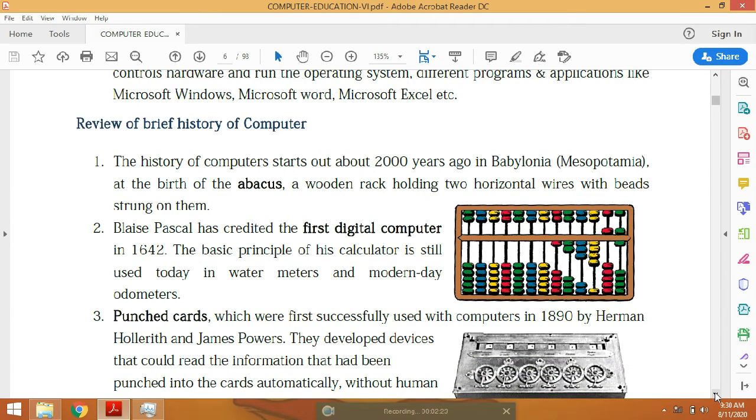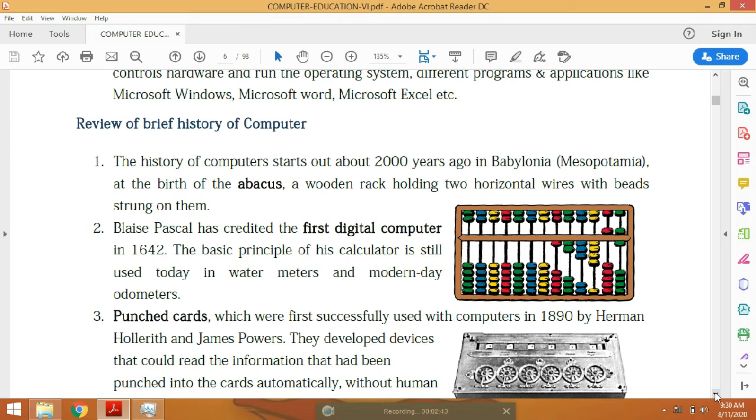Now, after that, Blaise Pascal created the first digital computer in 1642. The basic principle of this calculator is still used in water meters and modern-day odometers. Odometers are the meters that are used to measure distance and speed.